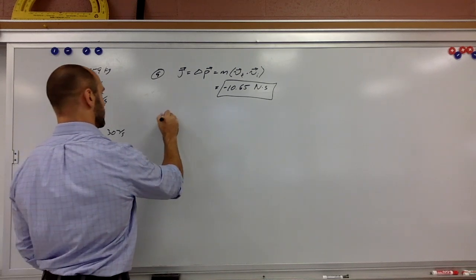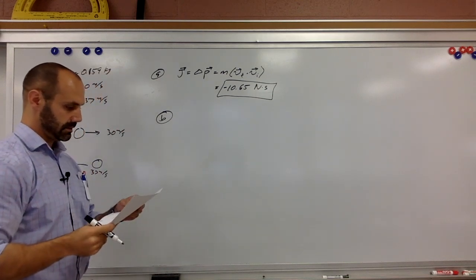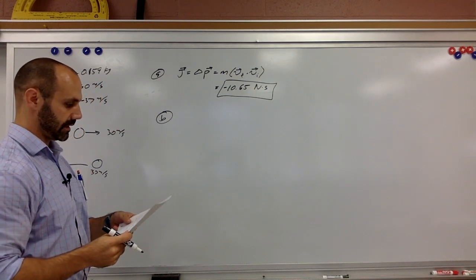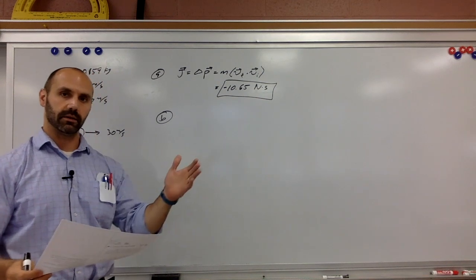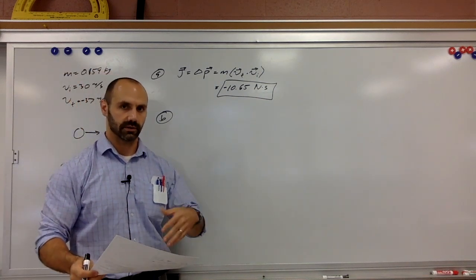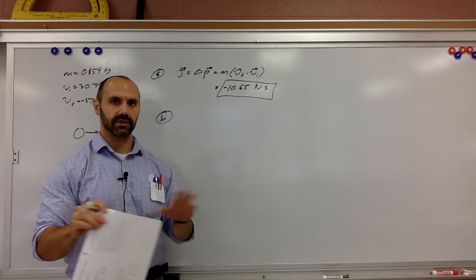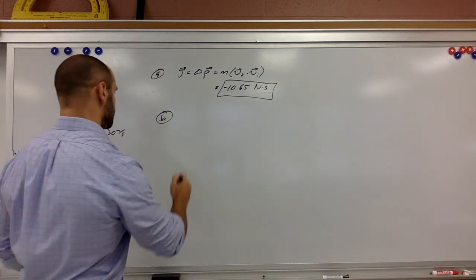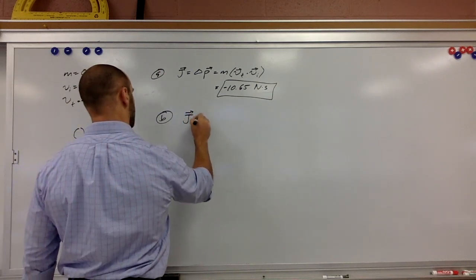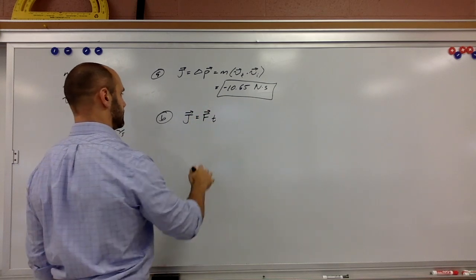Part B now asks us, what is the average force of the bat on the ball? We're looking for average force here because in reality, a bat hitting the ball is a constantly varying force. It starts off small and then a lot and then a little over a very small period of time. So we're just asking for the average force, and that saves us from having to use calculus. So J equals Ft.